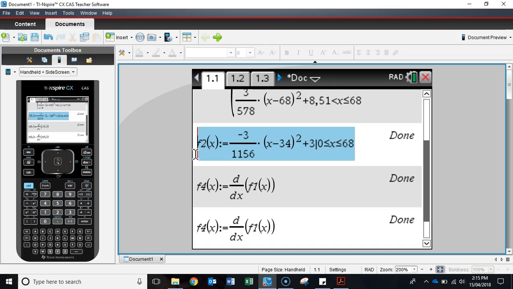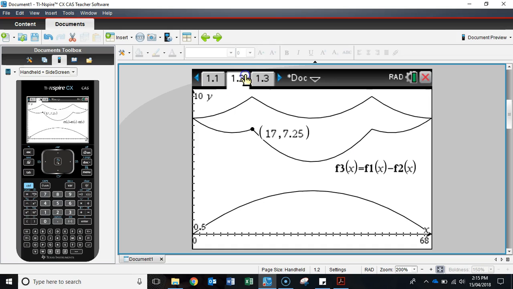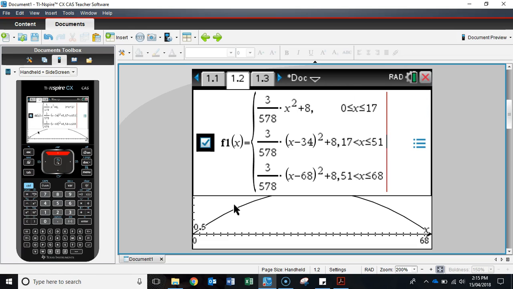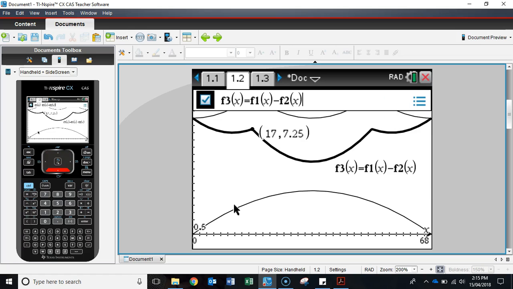So there's the wires and there's the bridge. F1 is the wires, F2 is the bridge. And then to find the distance, I just did F1 minus F2. So the distance between the wires minus the bridge. And I get this funky looking curve here.